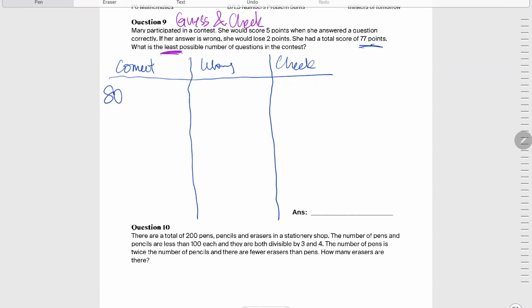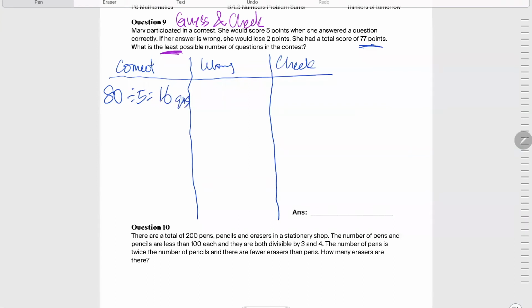So that should be your starting point. You cannot use 75 because 75 is less than 77, right? So 80 points is your starting point. If 80 points is your starting point, you divide by 5, you will have 16 questions.